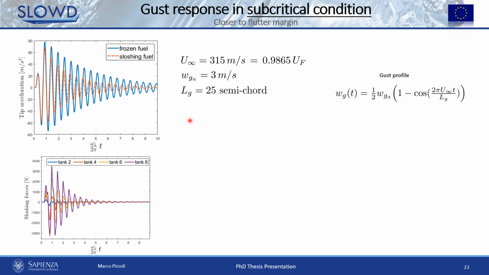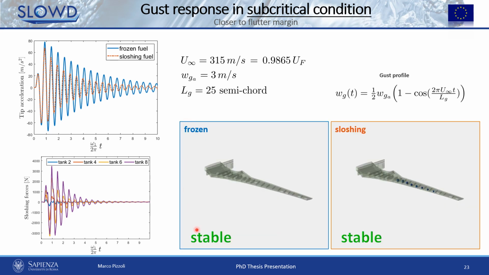And also in this case, both models, so frozen and sloshing, are stable, as can also be seen from these trends of the tip acceleration, and from the two animations showing the response of the wing. In this case, the aerodynamic damping is lower than the previous case, and thus the damping induced by the vertical sloshing on the response is even more evident, as we can see from here.